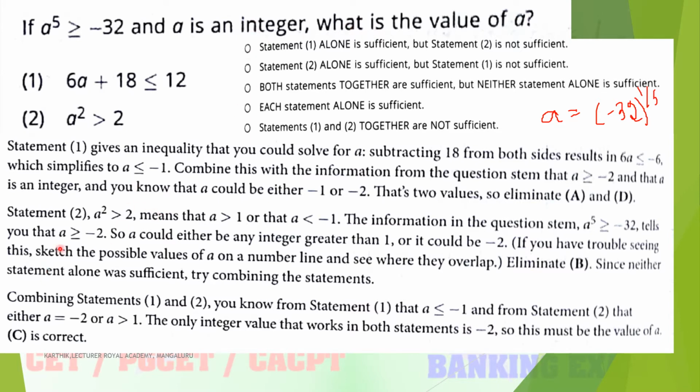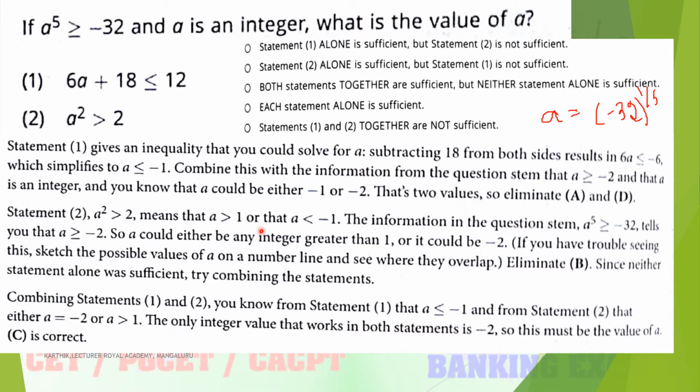Next, go for the second option. The second option directly says that a square is greater than 2. So it means that a is greater than square root of 2 or a is less than negative square root of 2.